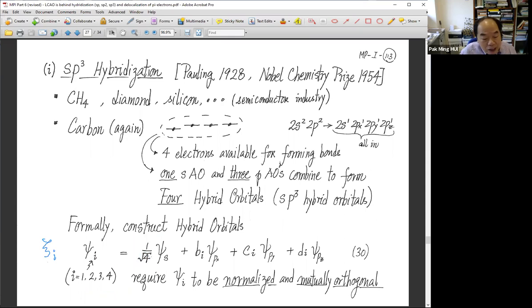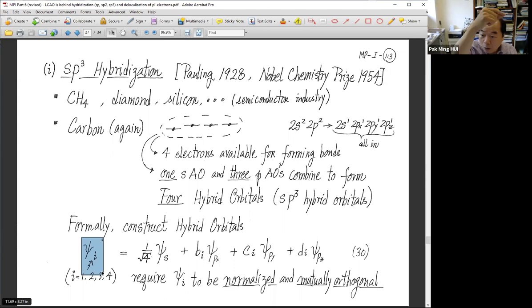So with this, I don't need to solve for 16 unknowns. Instead, I only need to solve for 12 unknowns. Again, you can play the game. I put one of them in one direction, and then I look for the remaining ones by normalization. Each one of these should be normalized, and they are mutually orthogonal.